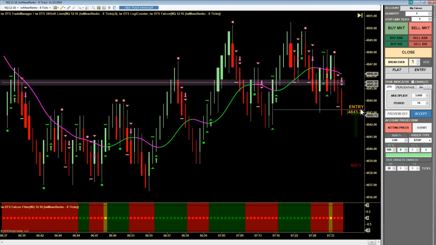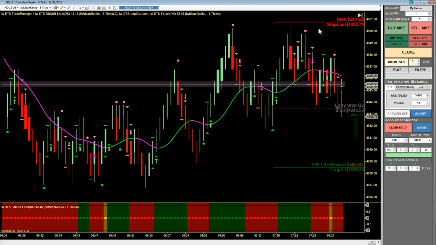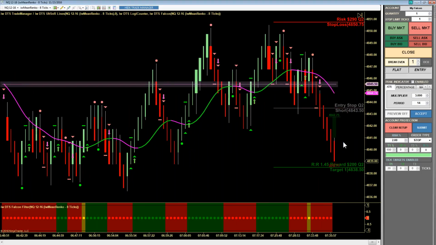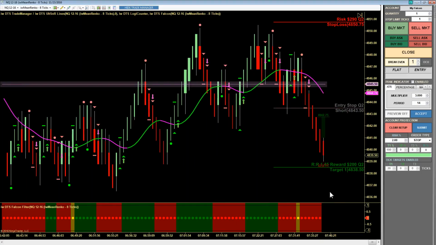Here, I'm going to go with my preset targets. We're below the support line. We produced a signal, and we're almost to our profit objective. At this point, we probably would have already engaged the auto break-even trigger, so the trade is already sitting at break-even.